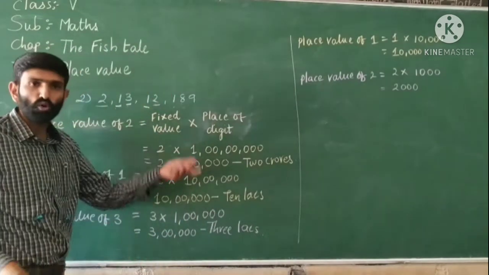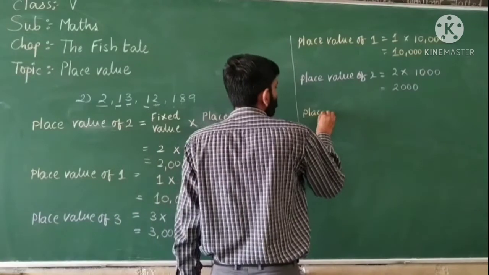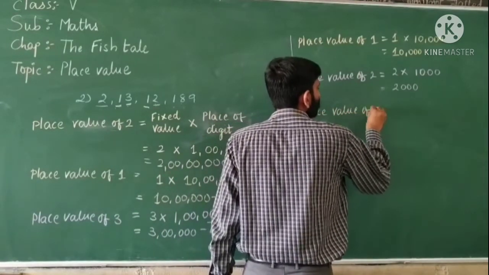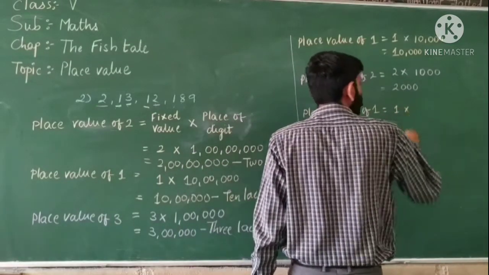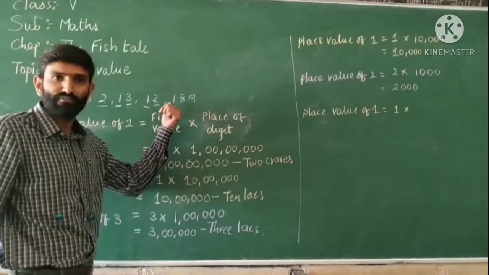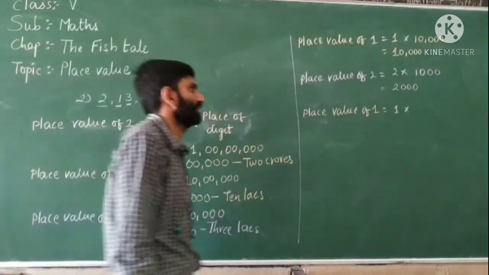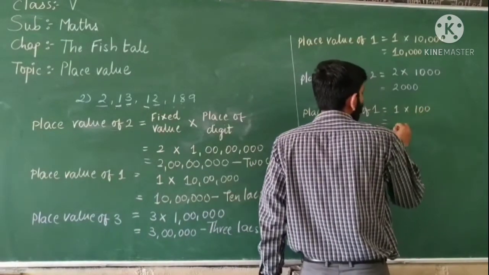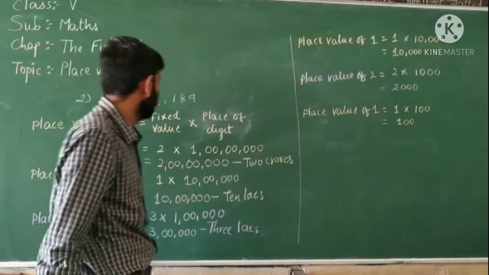Okay. Now we'll move on to the next number, that is again 1. The fixed value of 1 is 1. Okay, and we will find out the place of the digit: ones, tens, 100. This is 100. So 1 into 1 is 1. We'll add 2 zeros after 1. That is 100. Okay, clear.